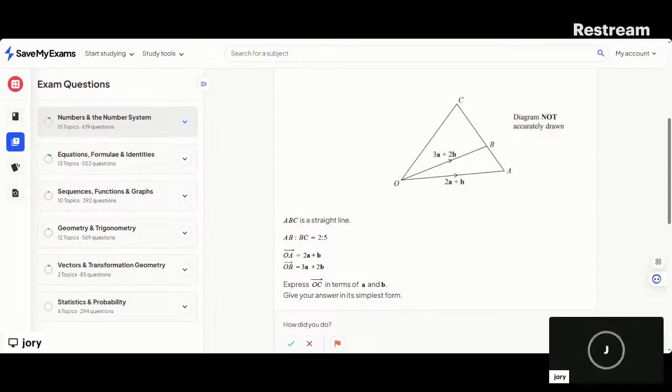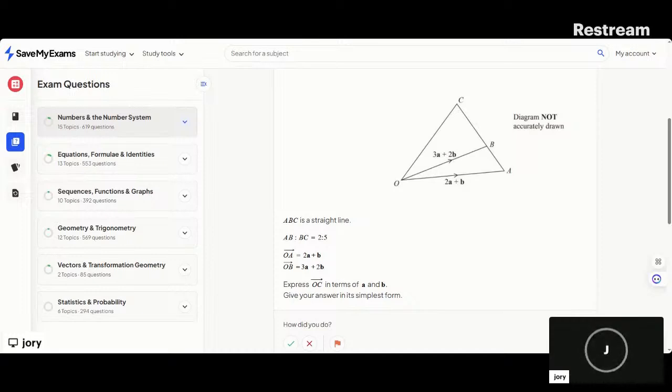So it's going to be negative 2A minus B plus 3A plus 2B. Negative 2A plus 3A is A. Negative B plus 2B is B. So it's A plus B. That's AB.